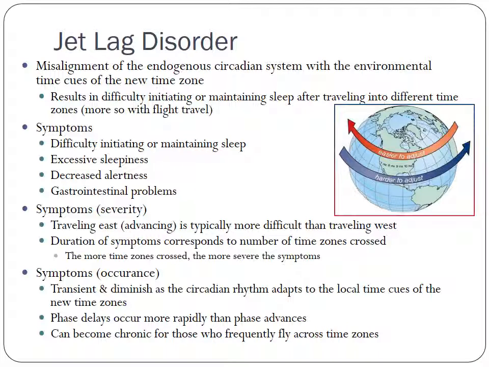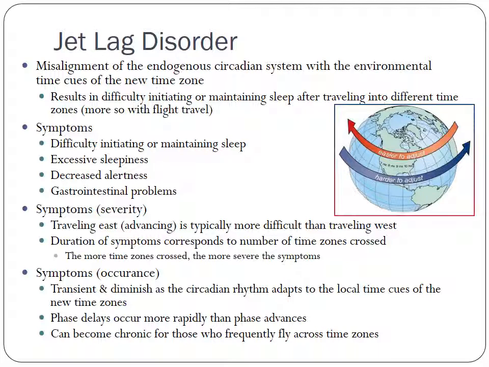As far as severity goes, traveling east, this is called advancing, is typically more difficult than traveling west. Your duration of symptoms corresponds to the number of time zones crossed. The more time zones you cross, the more severe your symptoms are going to be because your body hasn't adjusted to that different schedule yet.